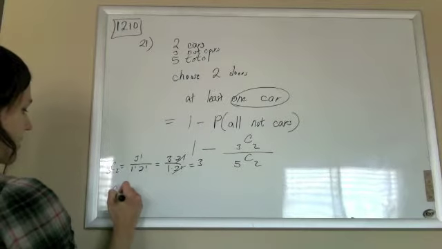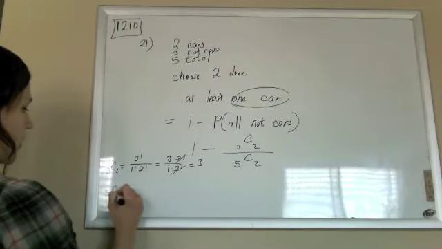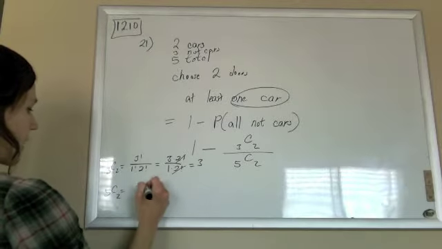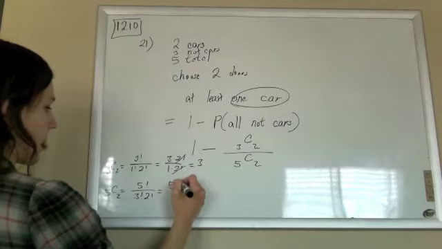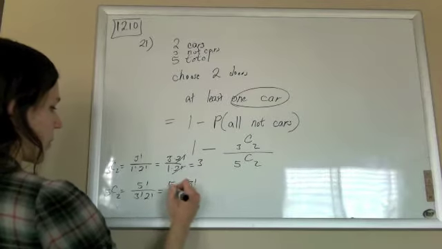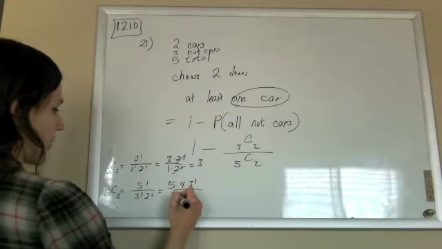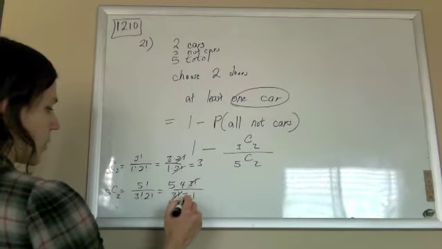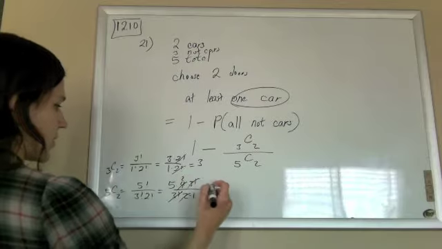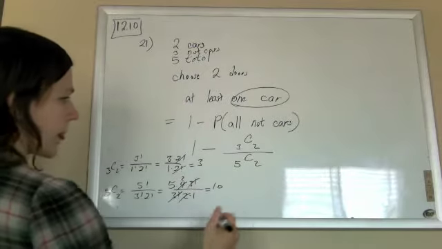And then 5C2 is 5 factorial over 3 factorial times 2 factorial. So 5 times 4, let the 3 factorial cancel. 2 times 1, cross that out, you get 2, so here you're getting 10.